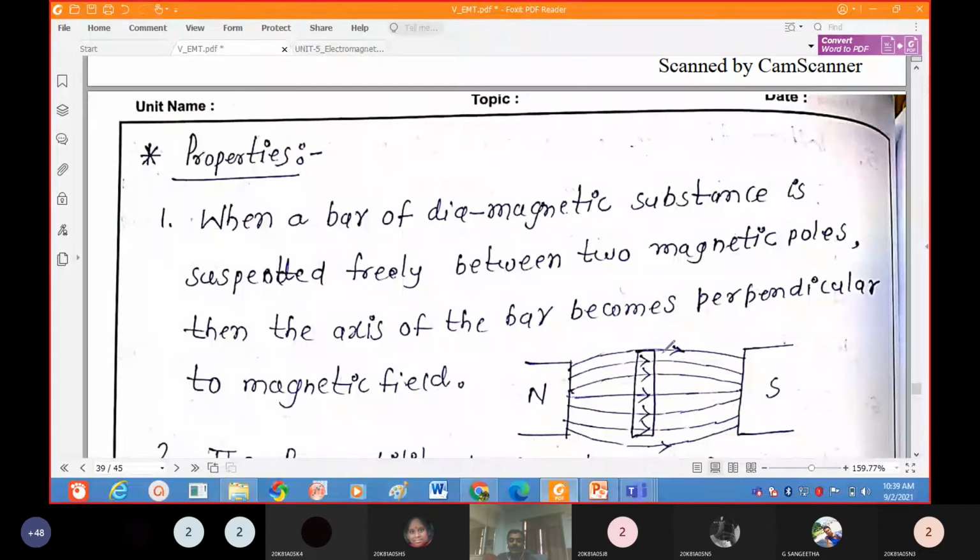Without the bar magnet, the magnetic field lines would look like this. If you place the bar magnet, the magnetic field lines are repelled by the diamagnetic material.